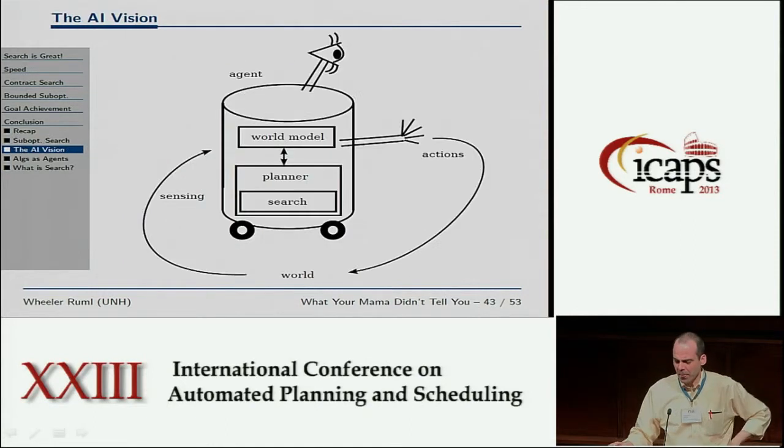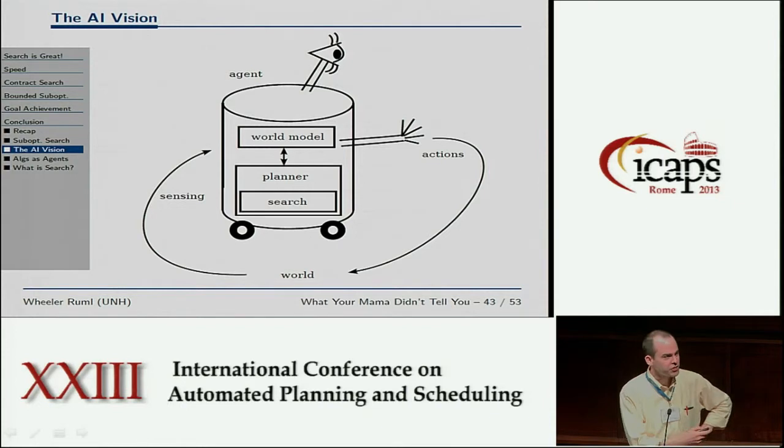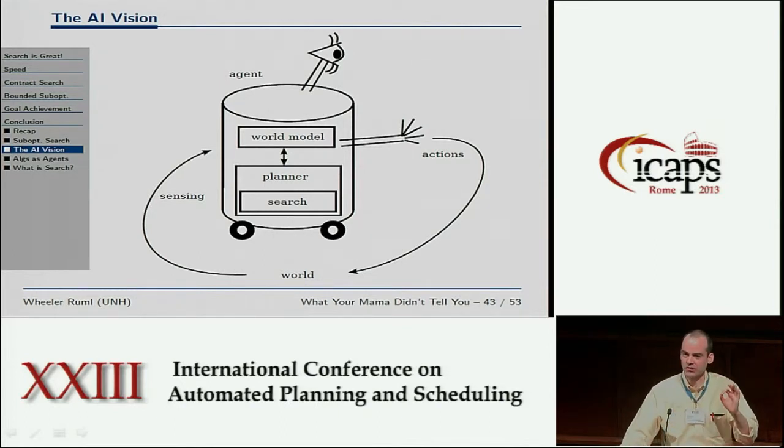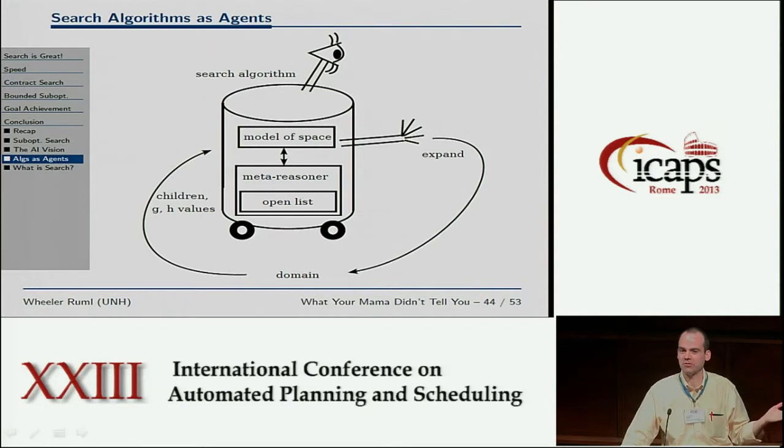And you know, if we think about the AI vision, right, of an agent interacting with an environment, using, of course, a heuristic search-based planner to select its actions, and then sensing and updating its world model, if we think about this agent that we want to build, this is really entirely analogous to a search algorithm, right?